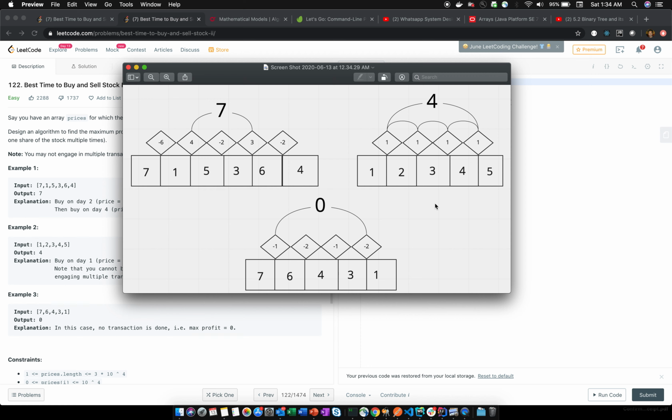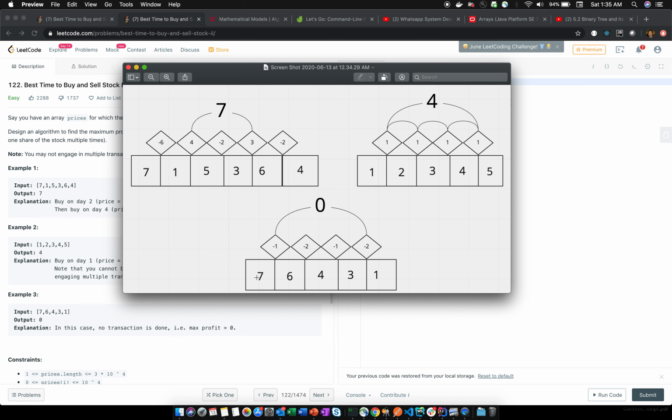I felt that is much easier than figuring out the highest and lowest, or second highest, second lowest, third highest, fourth lowest, and so on, because you never know the actual size of the array and how much permutation and combination we would need to do.